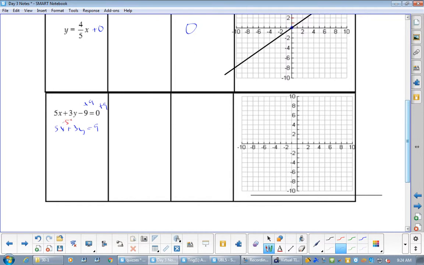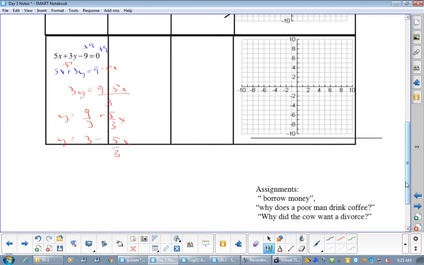Minus 5x, 3y equals 9 minus 5x. Okay, so then I'm going to divide everything by 3. So y will equal 9/3 minus 5/3 x. Y equals 9 divided by 3 is 3 minus 5/3 x.